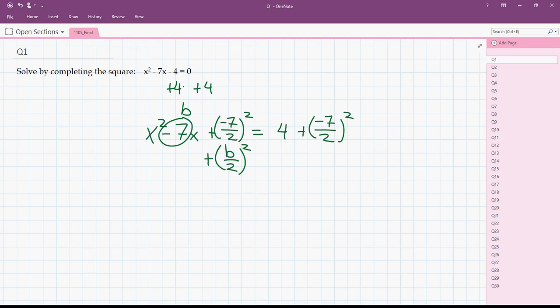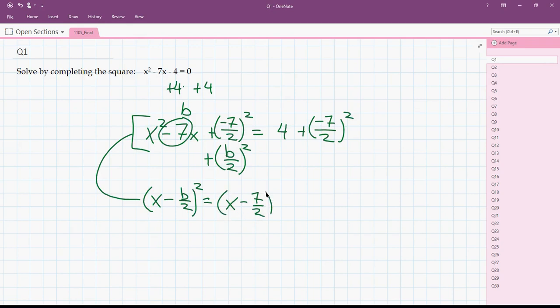Because what this allows you to do, once you have it in this form, you could rewrite this as x minus b over 2 squared. They'll be equivalent at that point. So then I could rewrite it as x minus 7 over 2 squared.